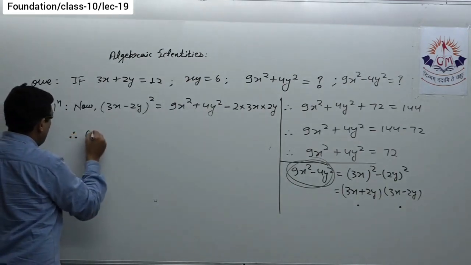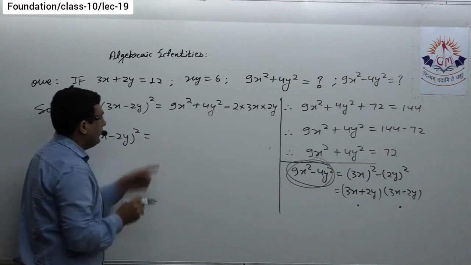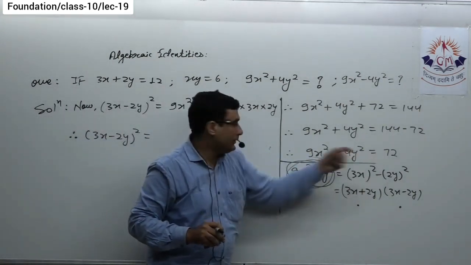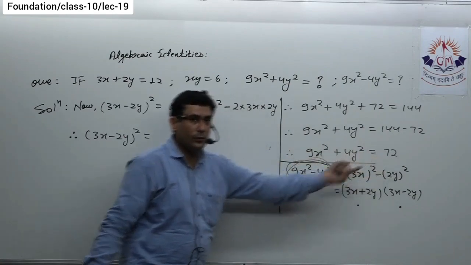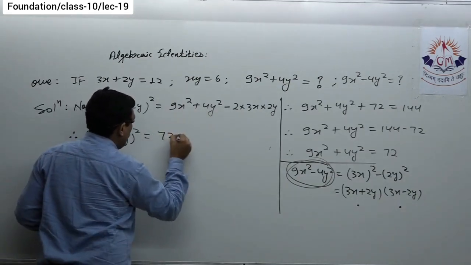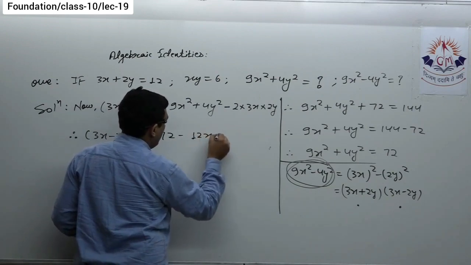So 3x minus 2y whole square is equal to, now I need this value, which is 72. I obtained it over here, isn't it? 9x square plus 4y square is equal to 72. So I use this value. Here I put 72 minus 12xy.